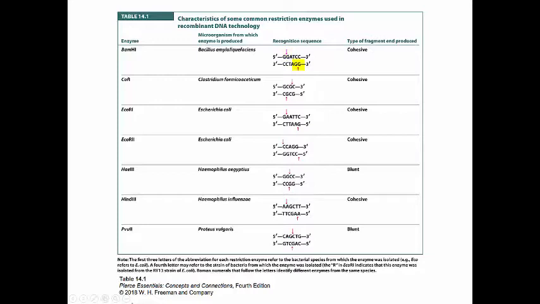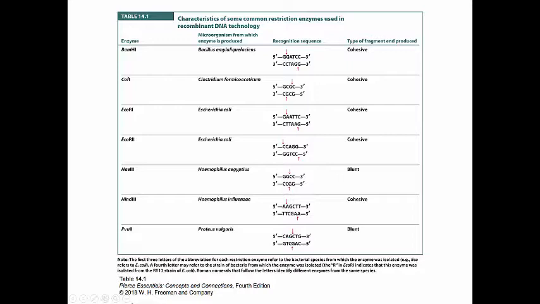So they're going to leave some overhanging single-stranded DNA. 2 of these leave blunt ends. And you can also see the size of the recognition sequence. The recognition sequences are usually between 4 base pairs long and 6 base pairs long.